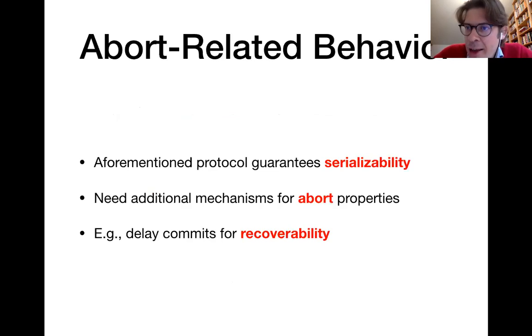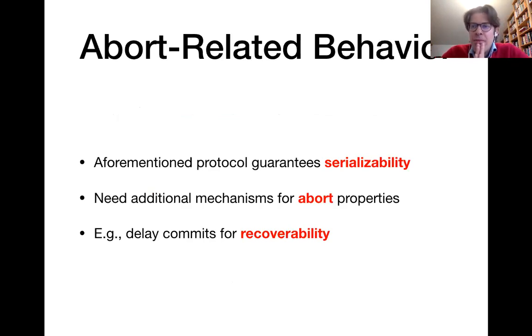All right. So what we have seen so far serves to create conflict serializable schedules. We have seen in the last lectures those two hierarchies for schedules. The first one was about serializability. The second one was about abort-related properties.